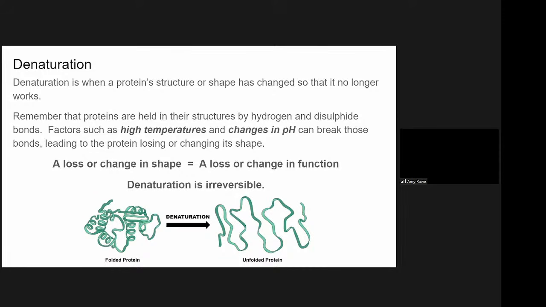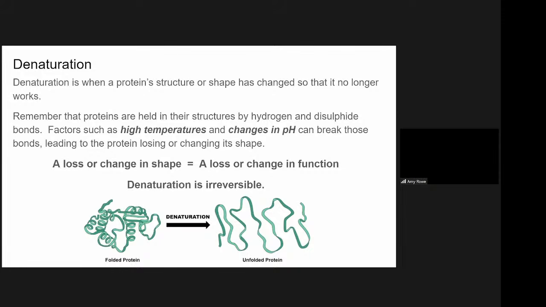So proteins, if you remember, are held in their structures by hydrogen bonds and disulfide bonds, and factors such as high temperature and changes in pH, either becoming more acidic or more basic, can interfere and break those hydrogen and disulfide bonds. If those bonds are broken, it's going to change the shape of your protein, and a loss or change in the shape means a loss or change in the function of your protein.